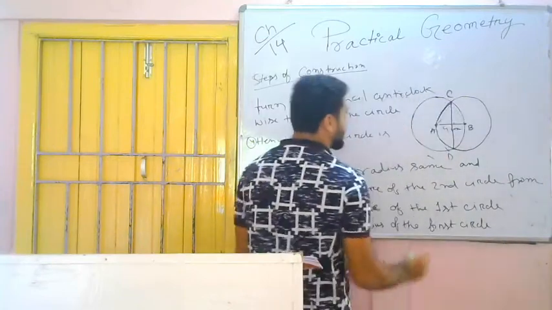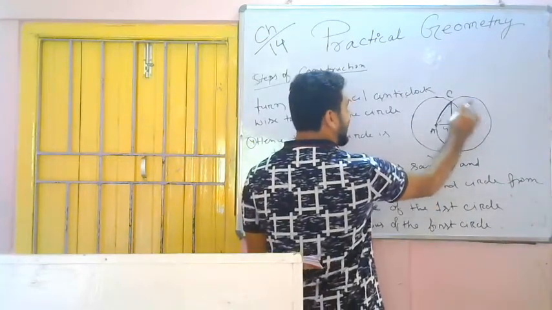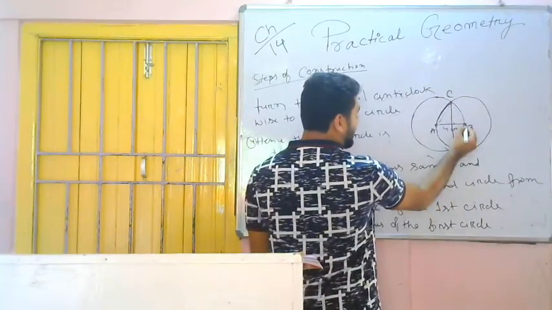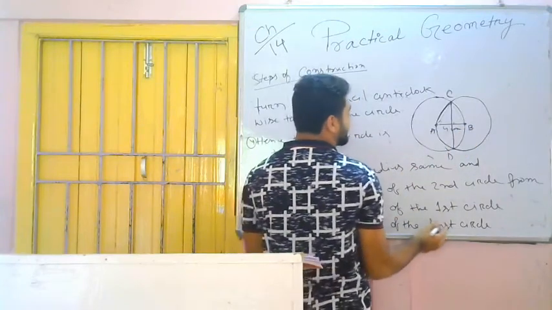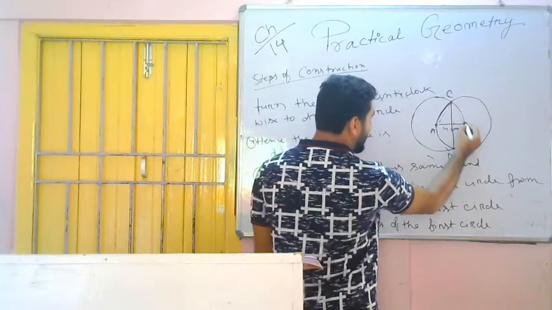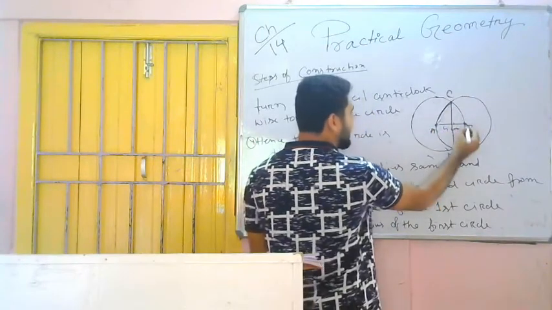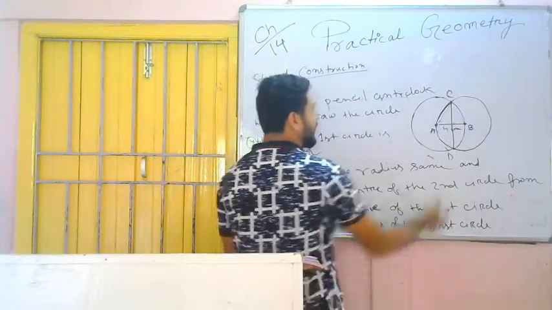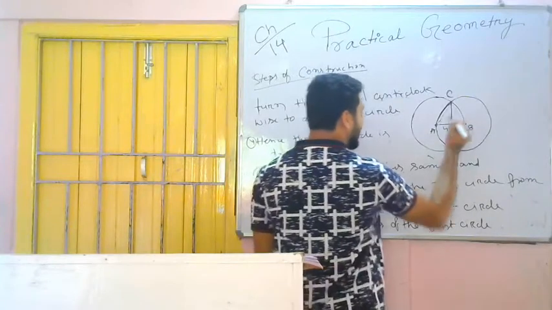That means we are taking the center this one, because you see the radius of this circle touches the circumference of this circle at B. So for that reason we are taking this as the center.